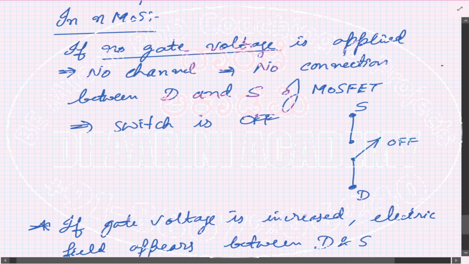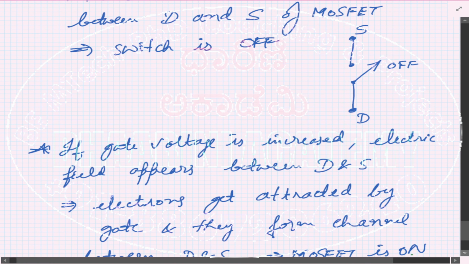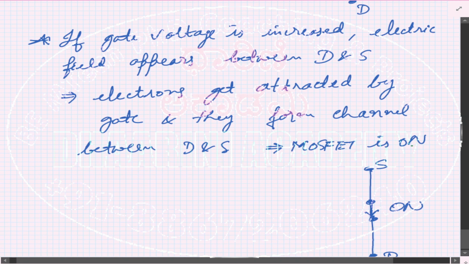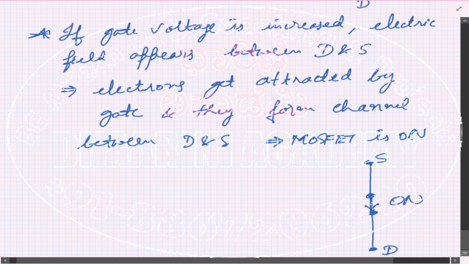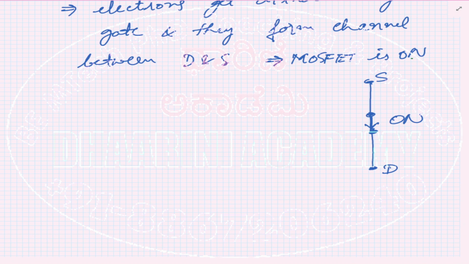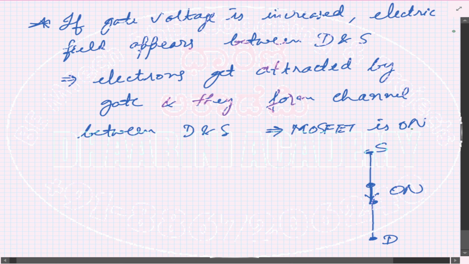Then let us assume that we have applied a voltage to the gate terminal, and slowly we are increasing it. As you increase the voltage, below the gate, at the junction of the p-type silicon body and the SiO2 layer, electrons come and accumulate, and at a particular voltage there will be a sufficiently large number of electrons that you can consider there is a channel between the drain and source.